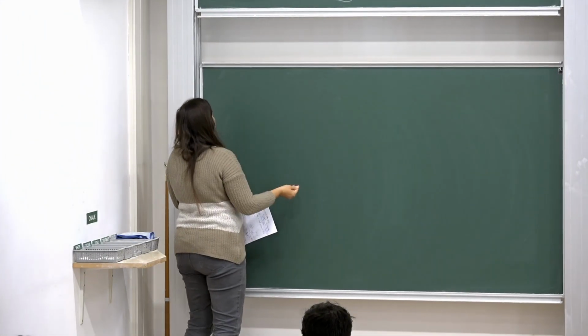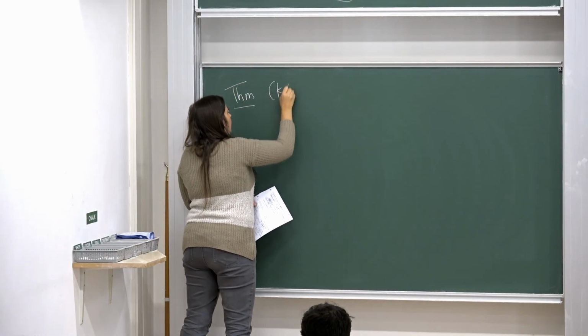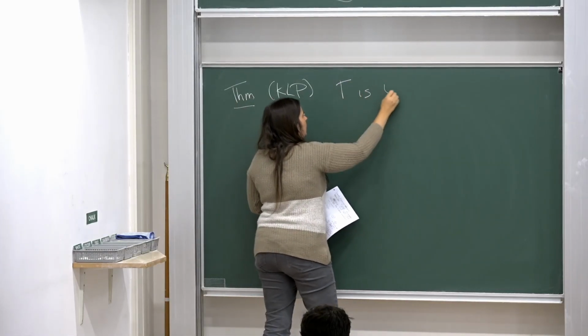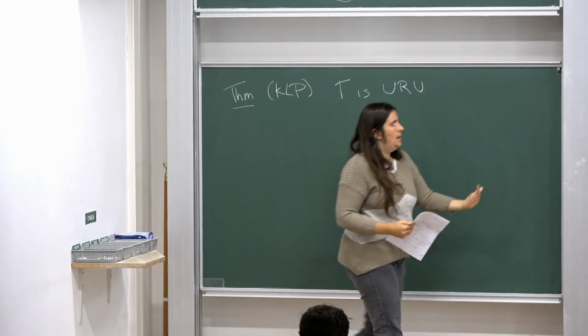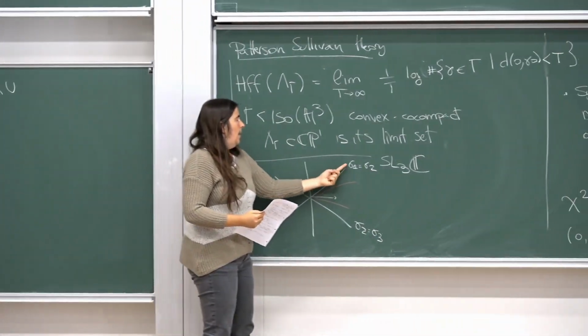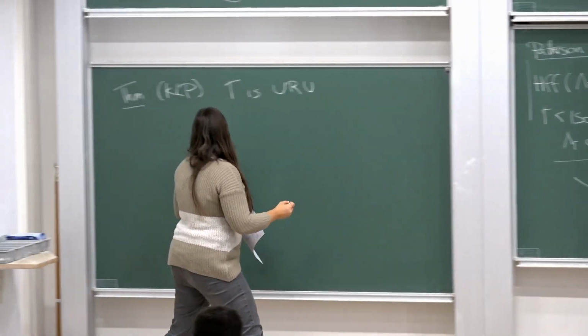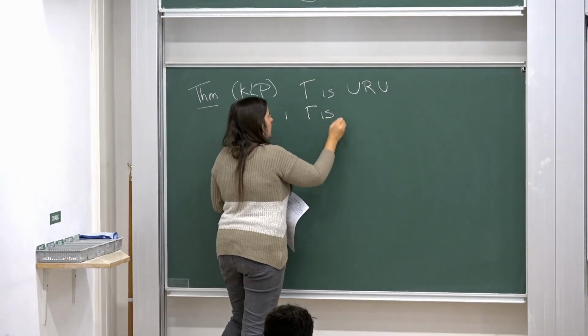So, theorem: Kapovich-Leeb-Porti, in a series of papers, proved that if gamma is uniformly regular undistorted, so it's not only a QI embedding, but it's also a QI embedding going away from these bad directions, then gamma is Gromov hyperbolic.